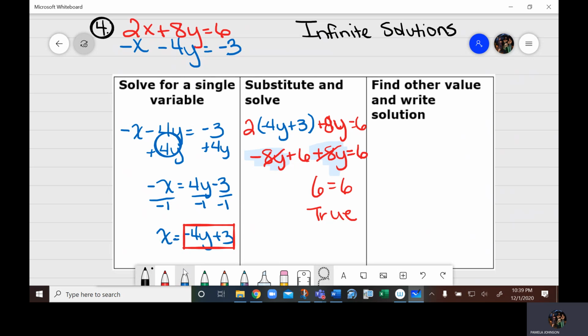So essentially, if I were to graph this, then my first line would look like this, and my second line would go right over it because it would be the same line. That's our infinite solutions. So you could actually just say infinite solutions, it is the same line.